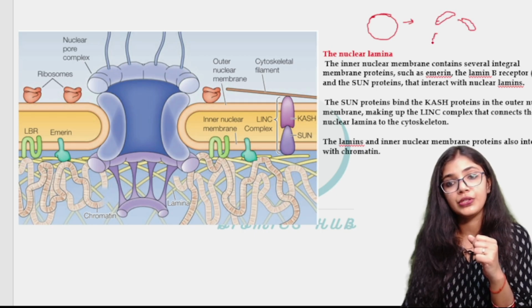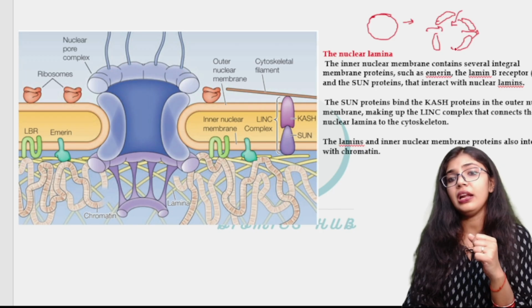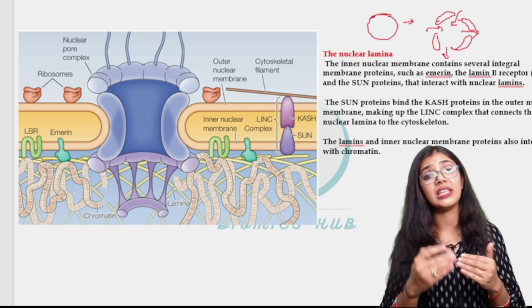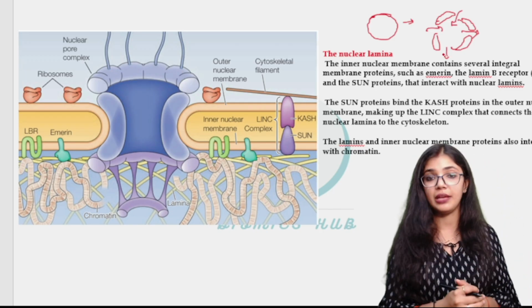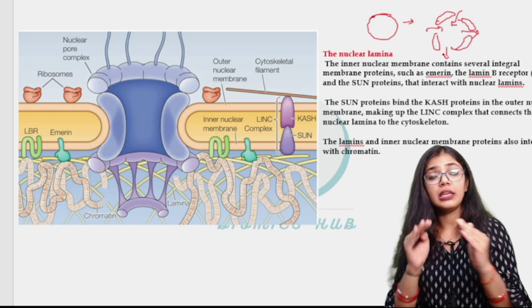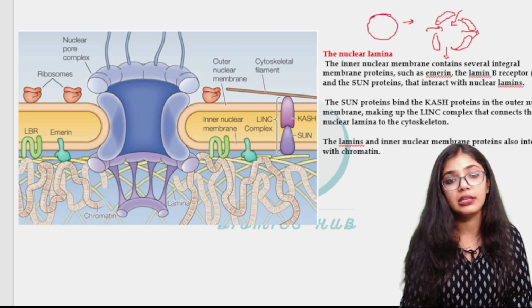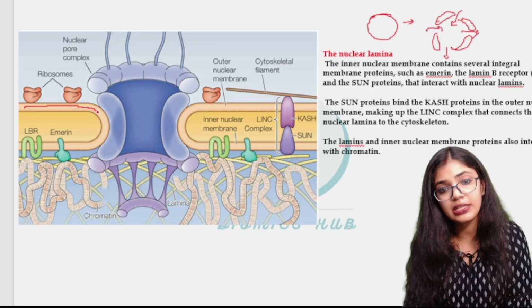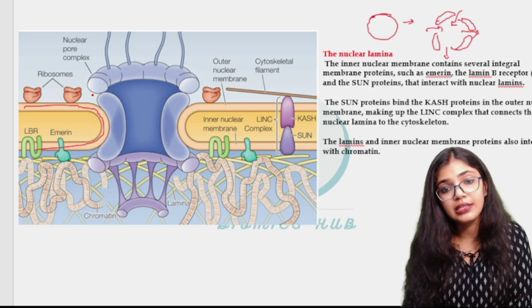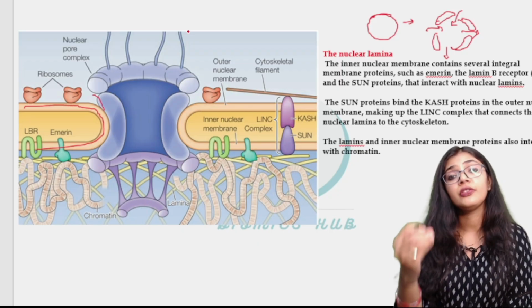From these pores, the transfer of proteins as well as mRNAs takes place. There are certain proteins in this pore which we will discuss. So this is the complex, and this is the pore from which the proteins are transferred.